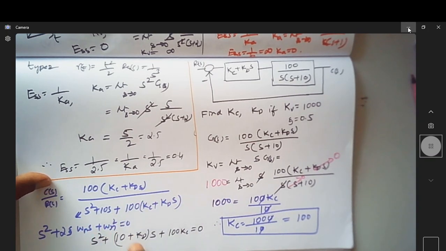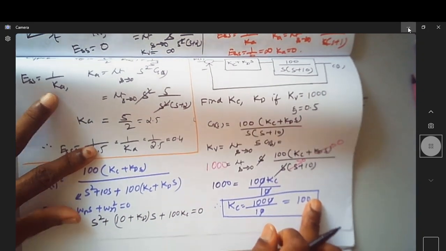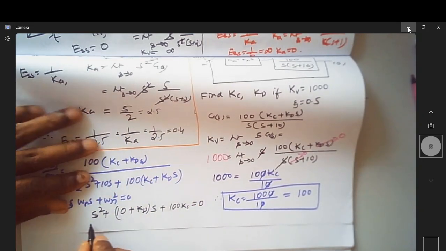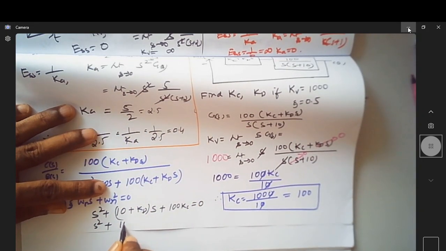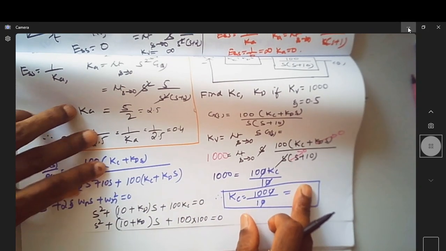I'm trying to bring this into the form with the quotient of S square as 1, the quotient of S as 10 plus Kd, and the quotient of S power 0 as 100 Kc. Since Kc was found to be 100, this is now S square plus 10 plus Kd into S plus 100 into 100 equal to 0.